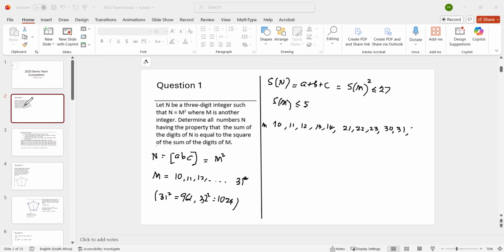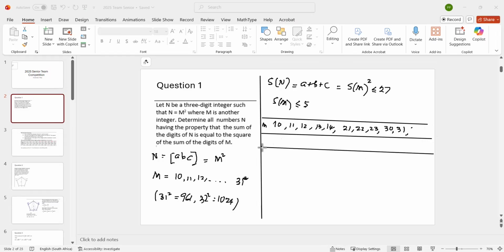Let's put this into a box like this. This is your m, and your n is m squared.